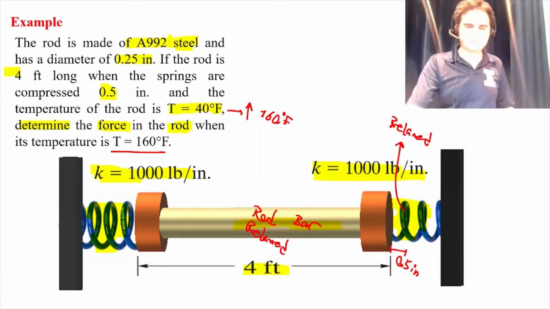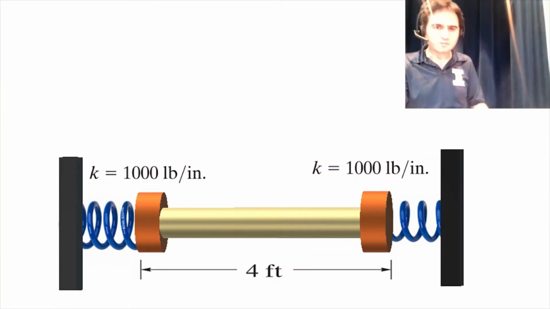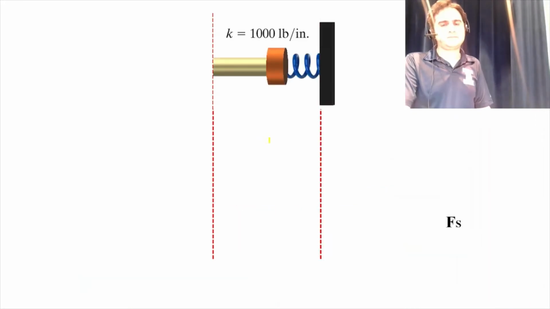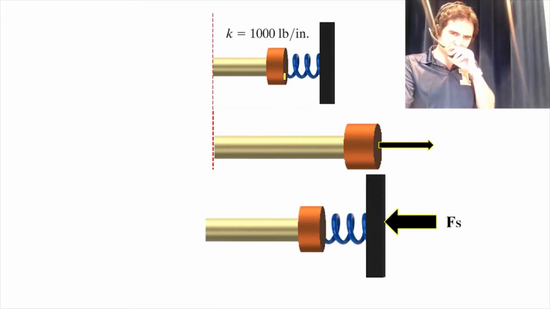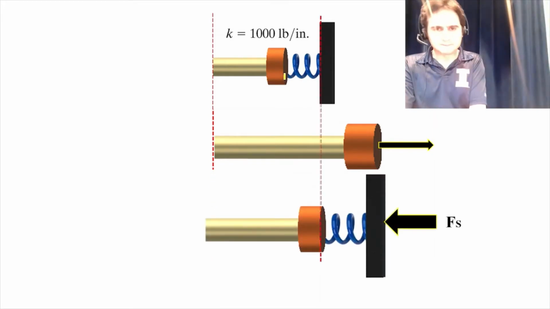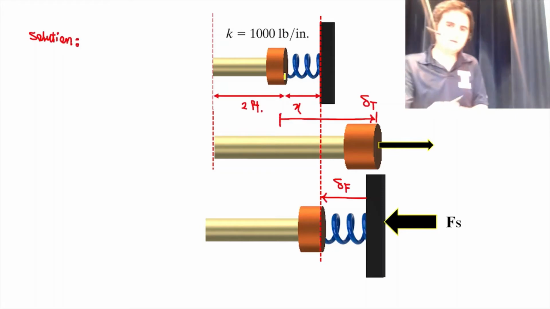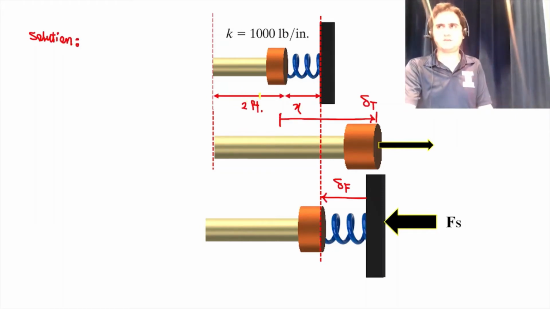When the temperature is 160, we want to determine the force in the rod. Let's see how to approach this problem. Because our problem is a symmetrical shape, we approach it by considering just half of the structure.